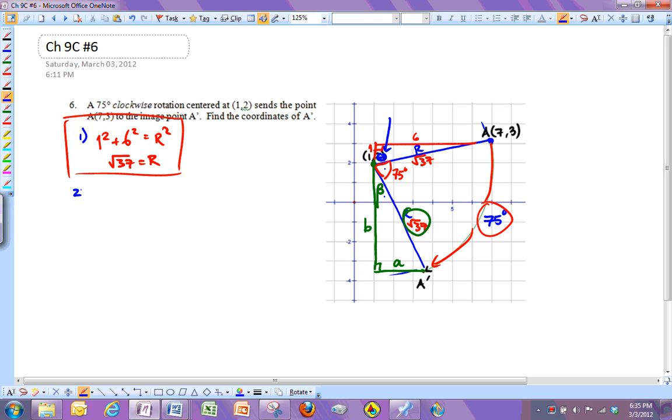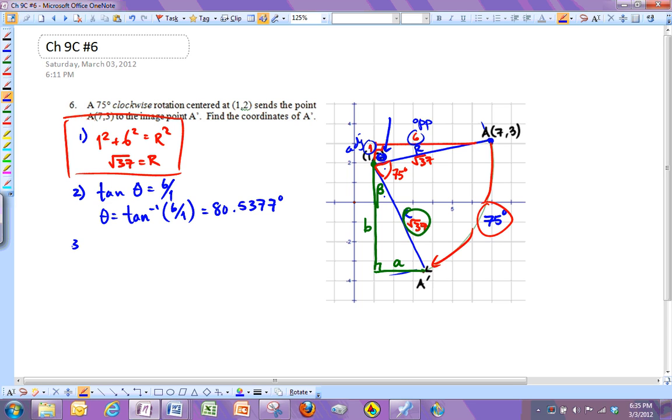So now let's solve for theta. I'm going to use the 6 and the 1, which are the opposite and the adjacent sides. So tan theta equals 6 over 1. So theta is the inverse tan of 6 over 1, which comes out to be 80.5377 degrees, let's say.